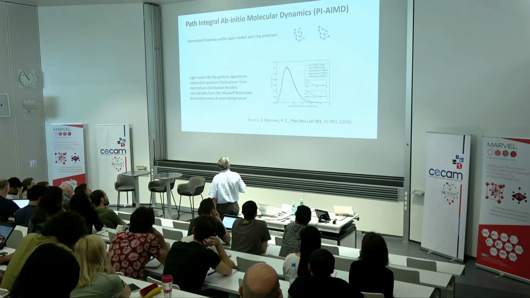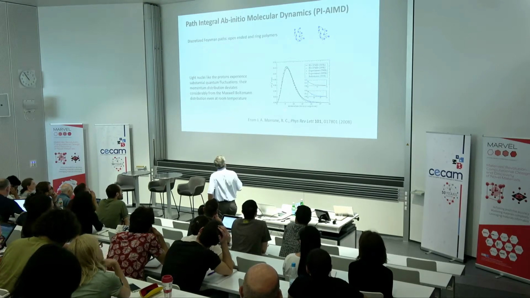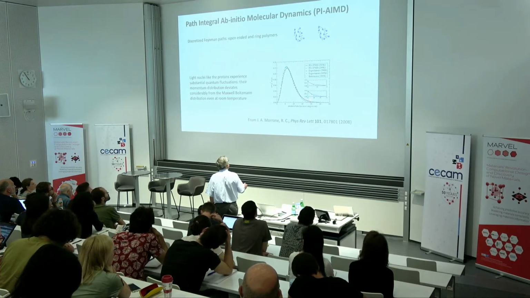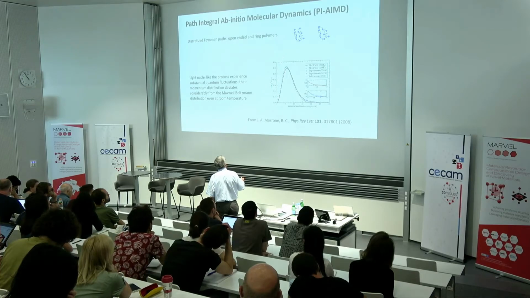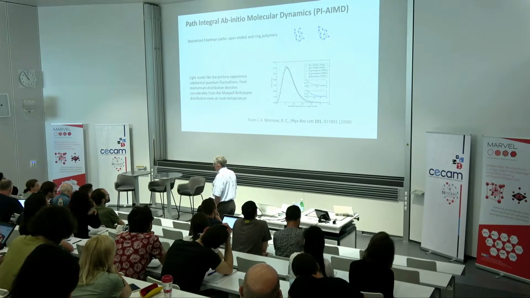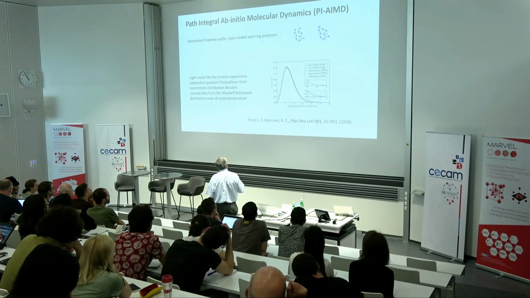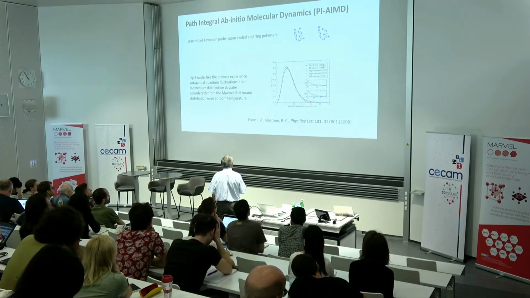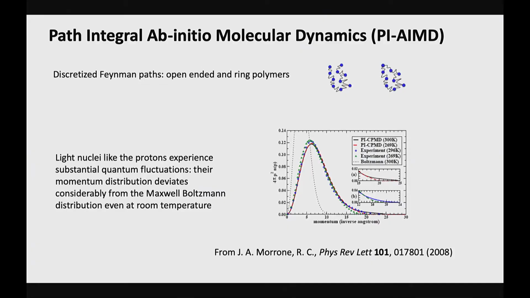These are these points in a system made by water molecules, either liquid water or ice, and these continuous lines are the result of the simulation. This dotted line that will continue up here is the Maxwell-Boltzmann distribution that one will have in classical mechanics. So you see that the distribution is quite different from the Maxwell-Boltzmann distribution, and in addition there is a difference in the tail of the distribution between water and ice.